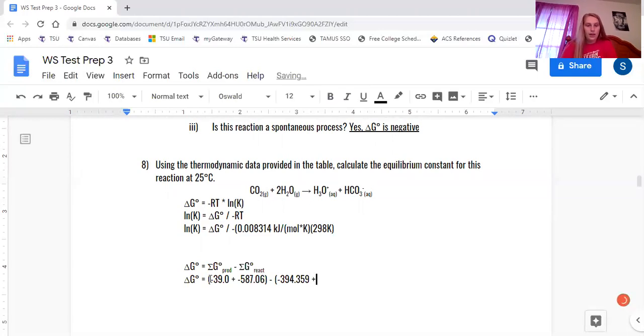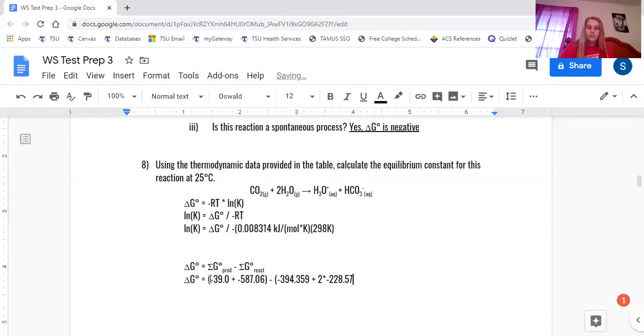And then to add the other one, H2O, go ahead and add that. And because there's two of the H2Os, we're going to have to go ahead and multiply that by 2. So 2 times H2O here. And so for H2O, our value is negative 228.57.